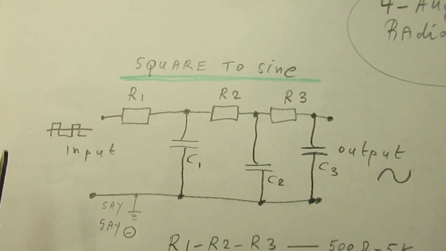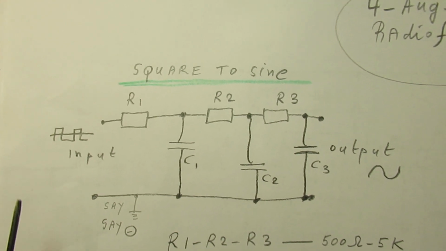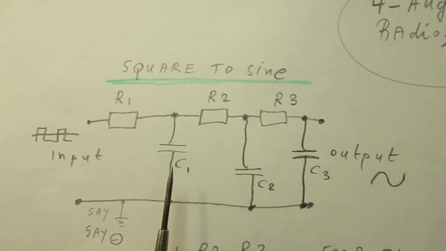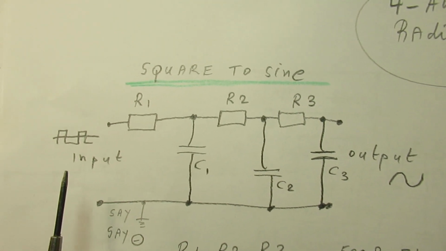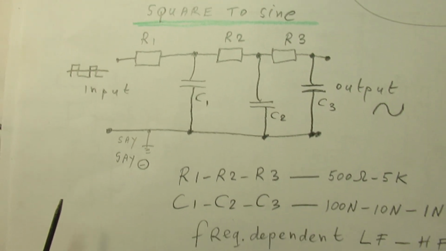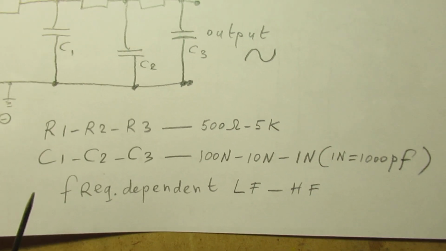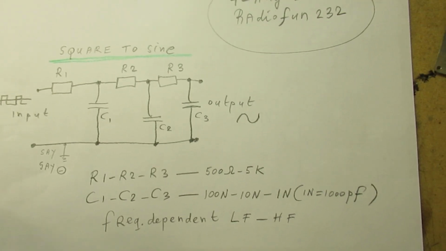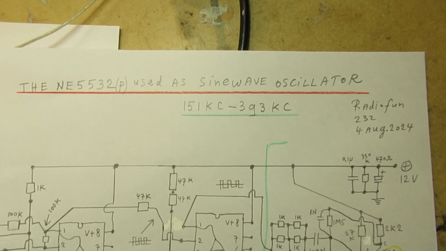And when you go to much lower frequencies, in the order of 100 hertz, 200 hertz, perhaps 800 hertz, the capacitors have to be in the order of 100 nanofarad, that is 0.1 microfarad. Anyway, I don't elaborate more. Do your own experiments. I can only say a few first things about that filter.